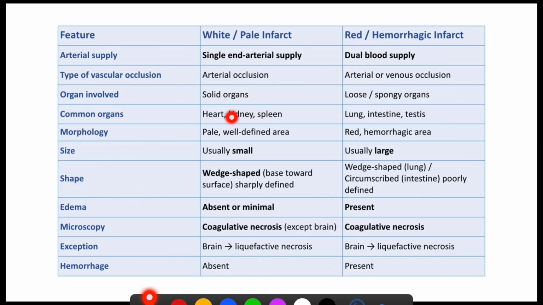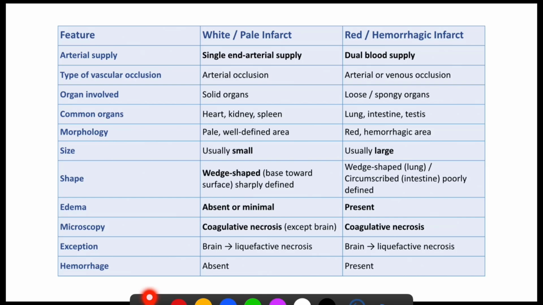Solid organs are affected, like heart, kidney, spleen. Morphologically, it is a pale and well-defined area. Size is usually small. Wedge shaped, where the base is towards the surface. Edema is minimal. Type of necrosis is mostly coagulative, but in the brain it is liquefactive, and hemorrhage is absent.